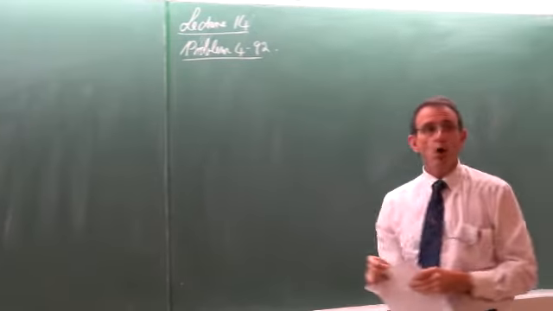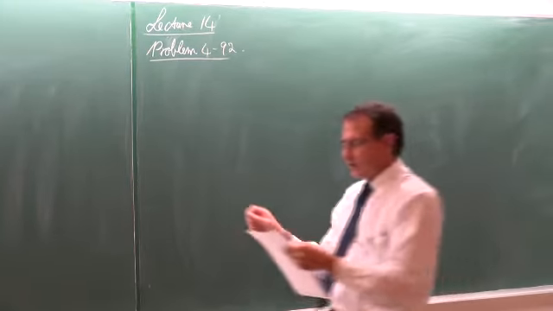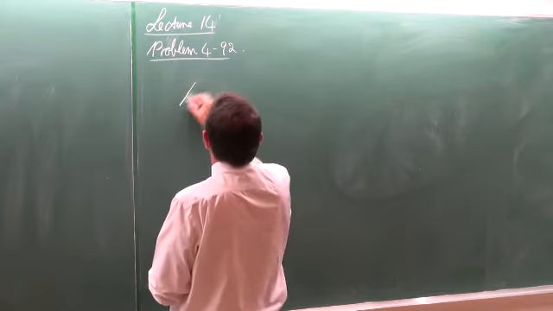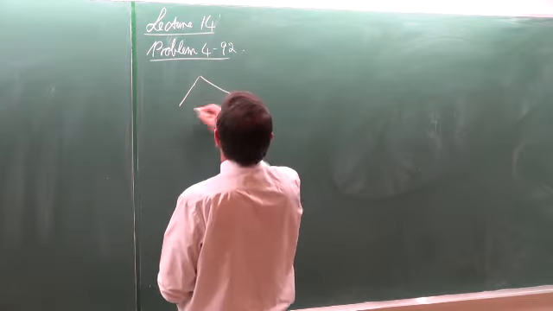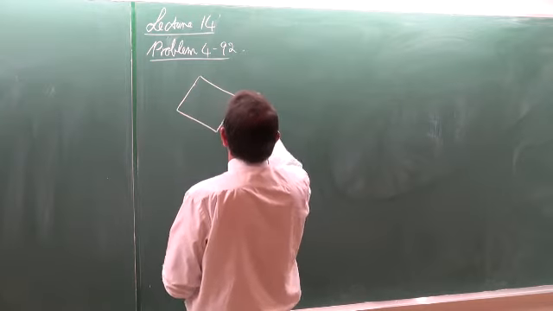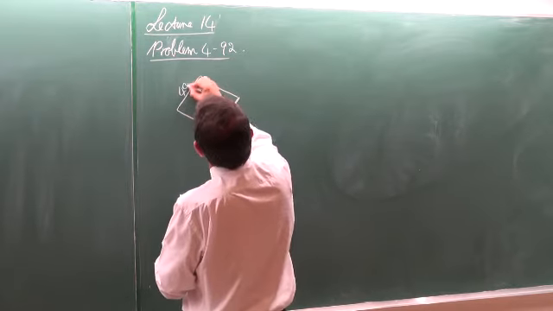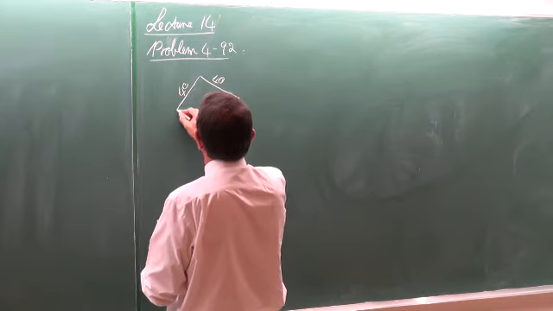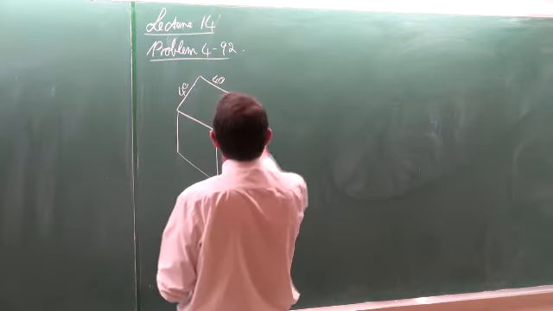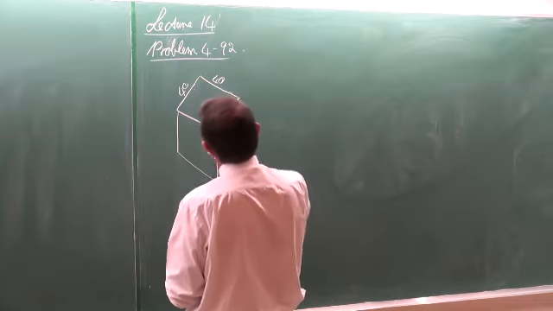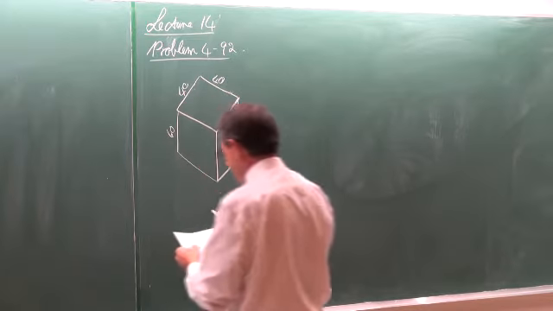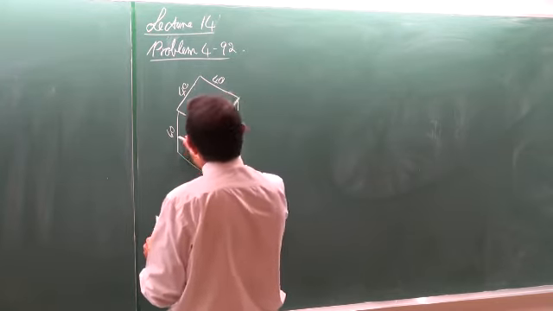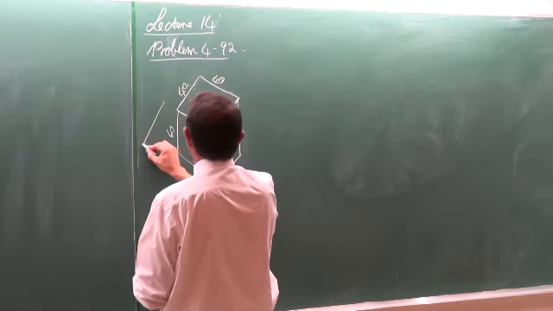Okay. And this problem is a block of ice. A block of ice, 40 millimeters and 40 millimeters, with a height of 60 millimeters in that direction, and it is standing on a table.